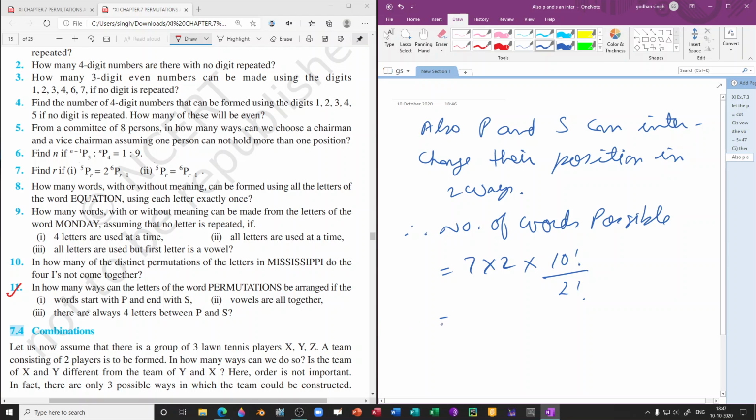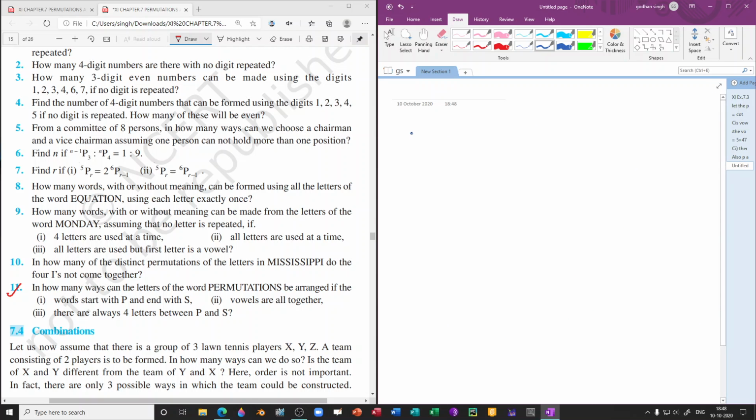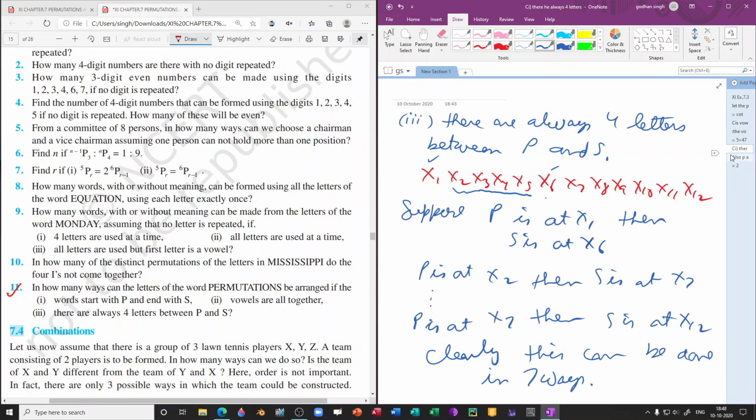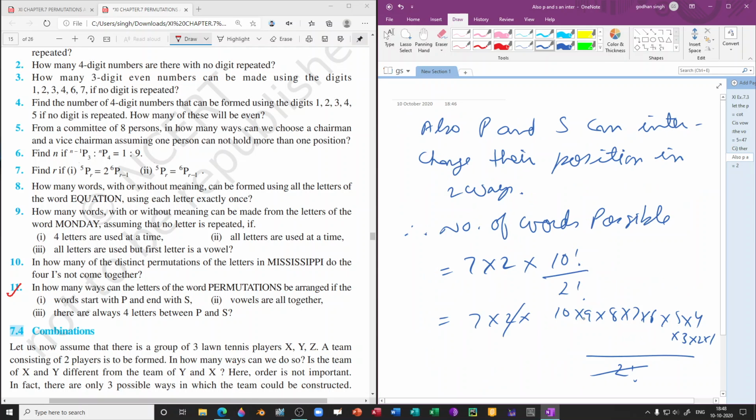Let's simplify it. So 7 into 2 into 10 factorial will become 10 into 9 into 8 into 7 into 6 into 5 into 4 into 3 into 2 into 1 over 2 factorial. 2 factorial means 2 into 1, so 2 factorial and 2 cancel out, and we will be getting 7 into, the remaining is from 10 till 1.